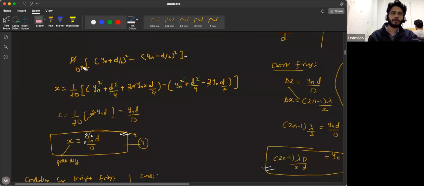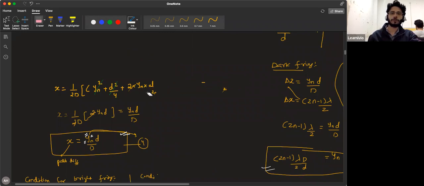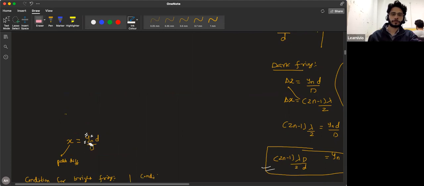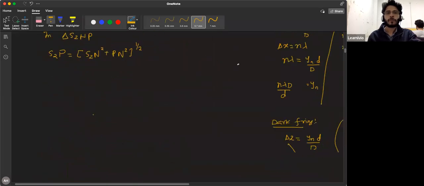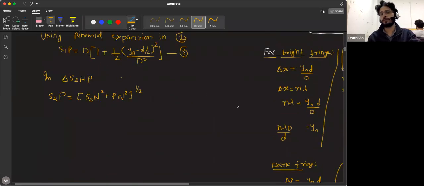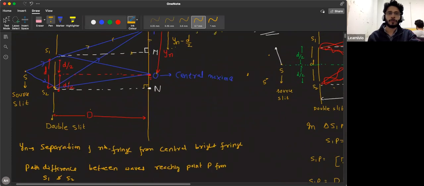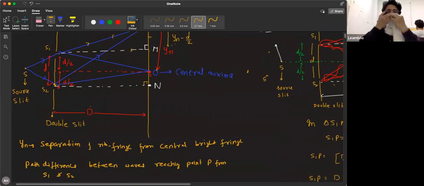Okay, if the previous steps were clear, just tell me what is S2N, what is S2P. S2P is S2N square plus PN square, so how much is S2N here?